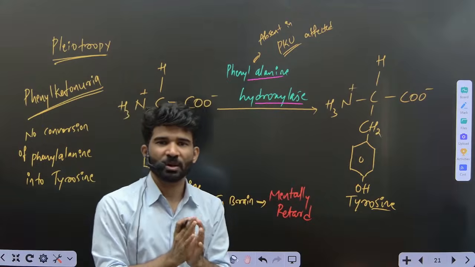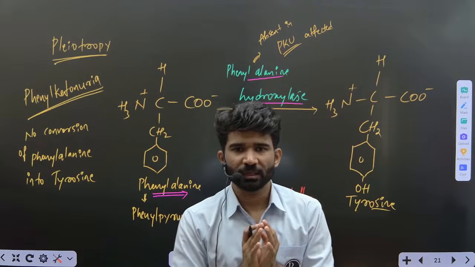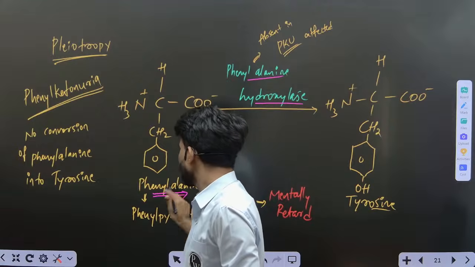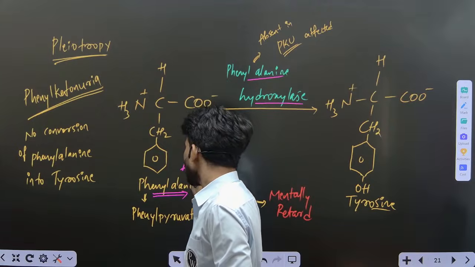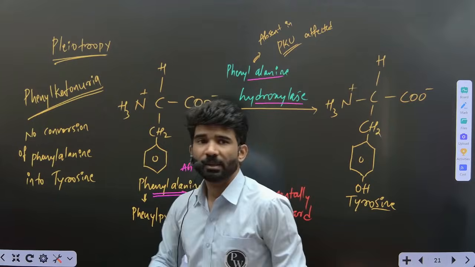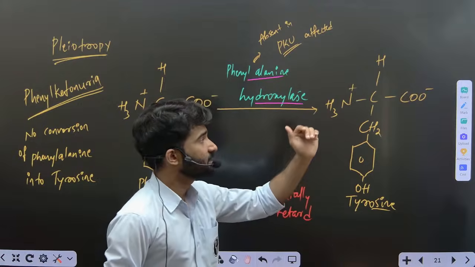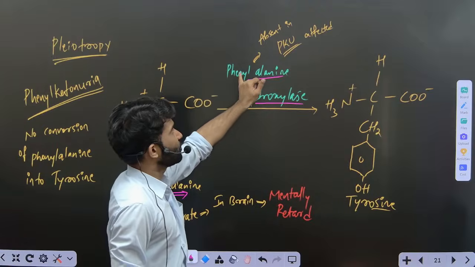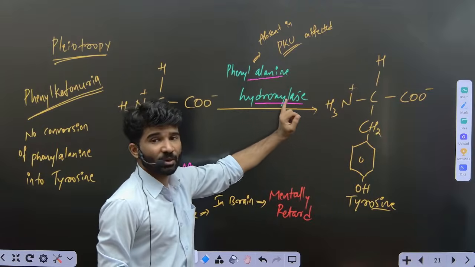So this is the normal case. In a normal human being, what is phenylalanine? It is an amino acid, right? This amino acid, phenylalanine, is converted into tyrosine with the help of the enzyme phenylalanine hydroxylase.